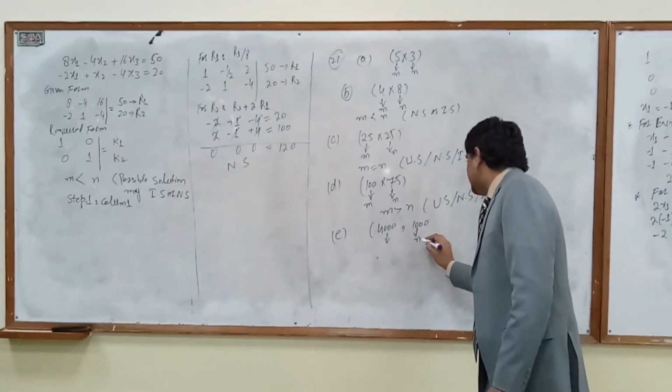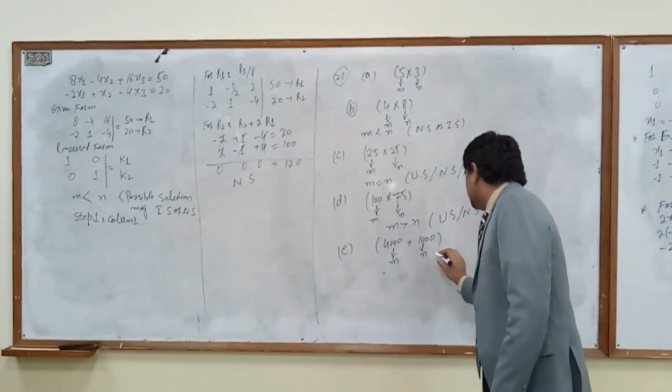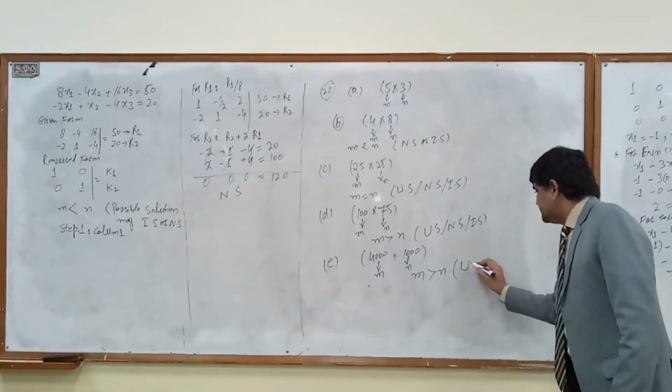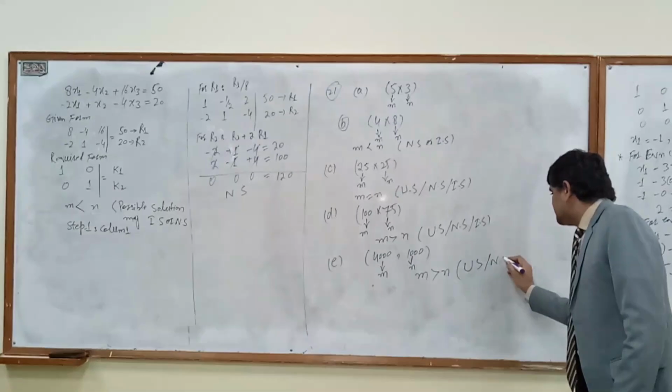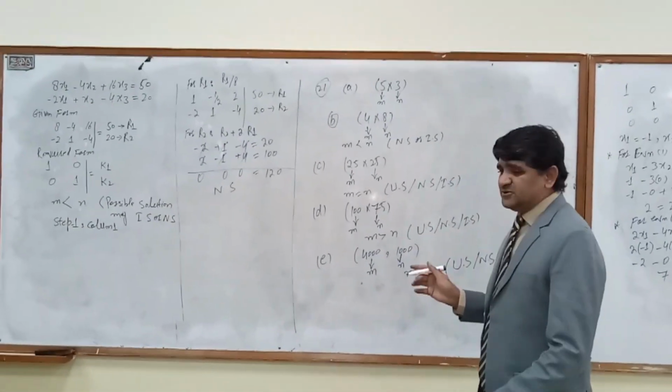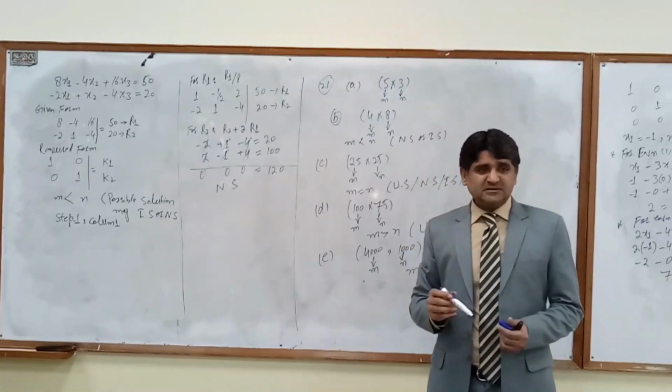M is greater than n. There might be a unique solution, no solution or infinite solution. Simply, question number 21 deals with the conceptualization, and we have discussed before starting our questions what the conditions are when we have three types of solution and when we have two types of solutions.